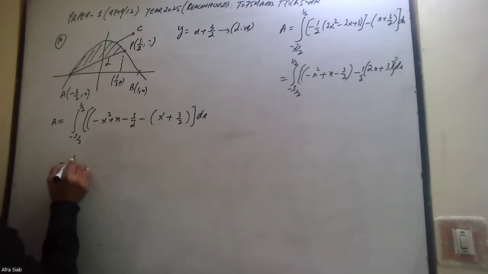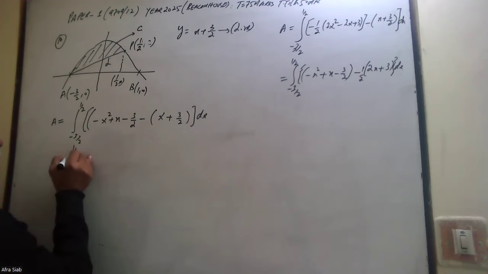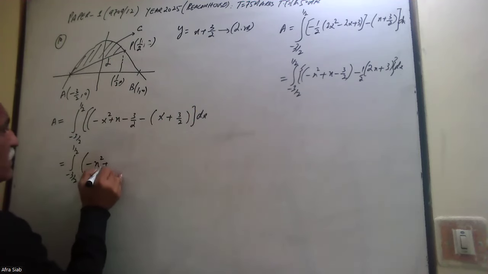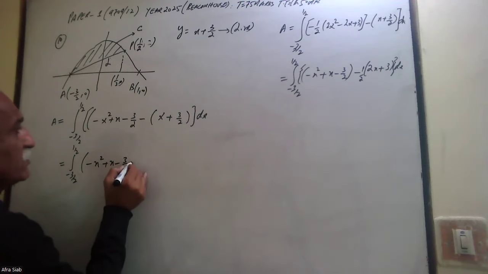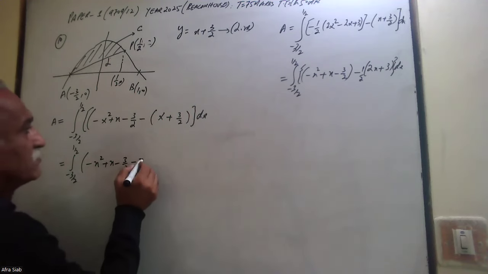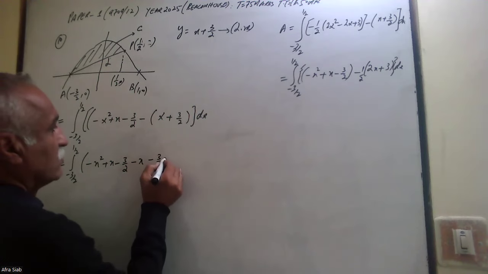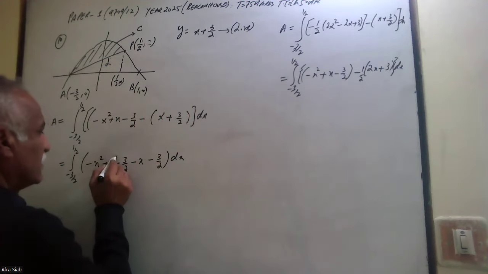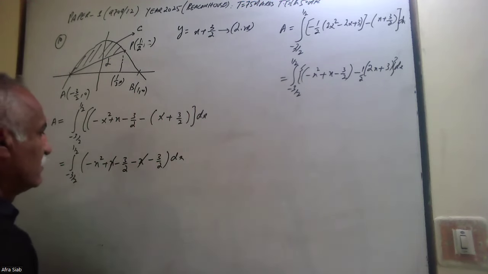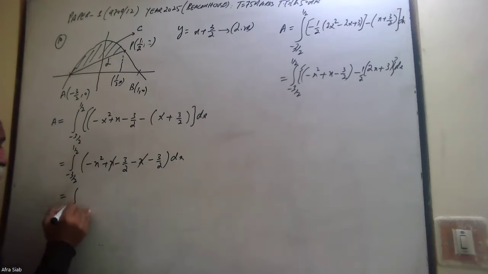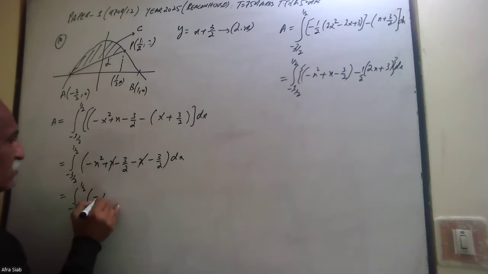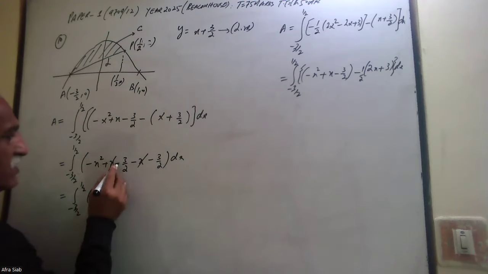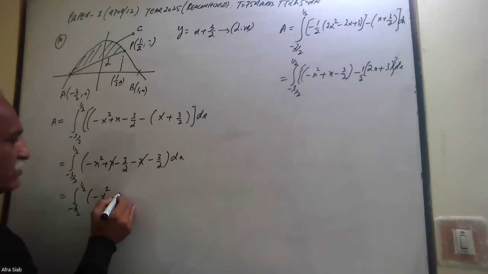This will be equivalent to minus 3 over 2 to half into minus x square plus x minus 3 over 2 minus x minus 3 over 2 into d of x. This plus x and this minus x, they are going to cancel. So that is equal to minus 3 by 2 to half into minus x square minus 3 by 2 minus 3 by 2, 6 over 2, minus 3 into d of x.